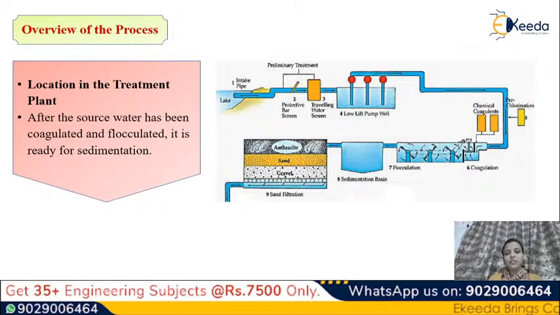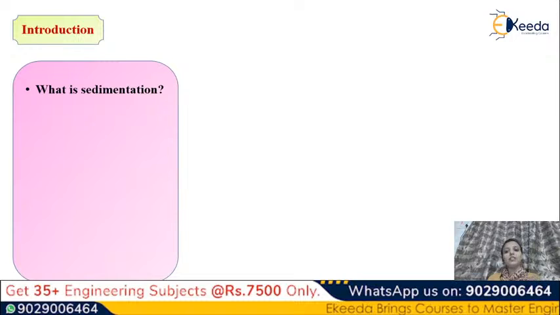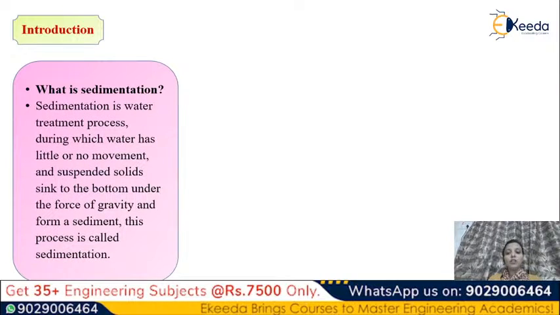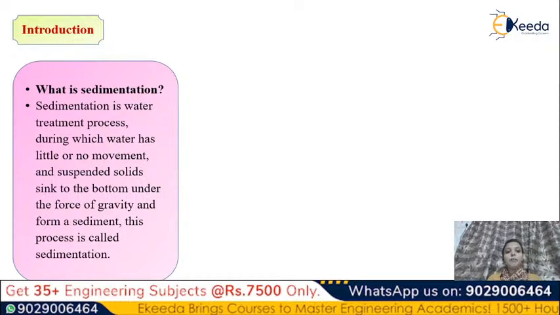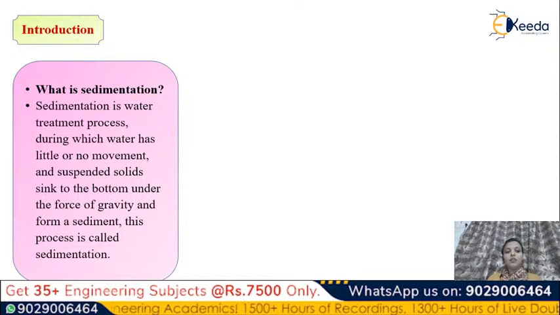So let's see what the mechanism is and what exactly the sedimentation process is based on. Sedimentation is a primary water treatment process during which the water has little or no movement and suspended solids sink to the bottom under the force of gravity.